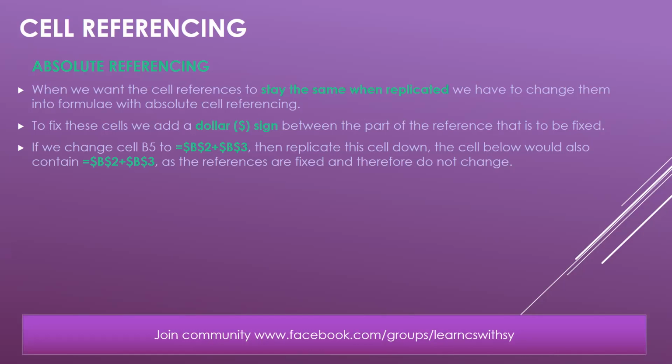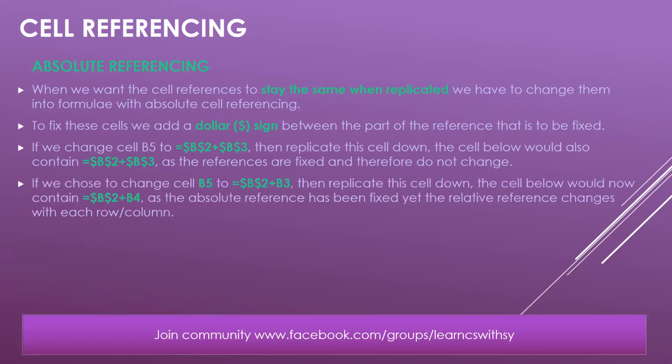It will be something to handle differently. And we talk about such scenarios where we need to have the absolute references also. Okay, so are you clear with this concept of referencing? Yes or no? Okay, now I'll demonstrate this with the help of an example in Excel.